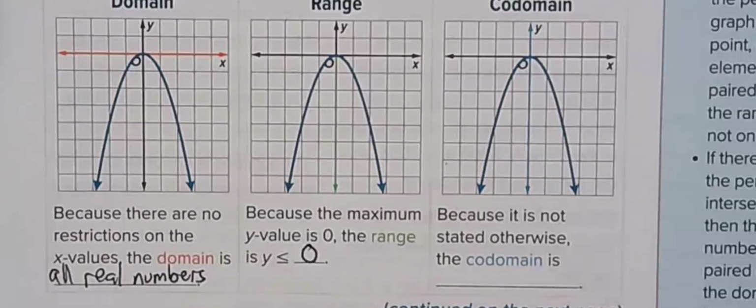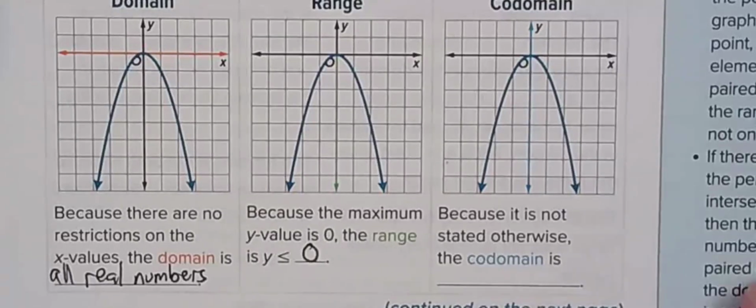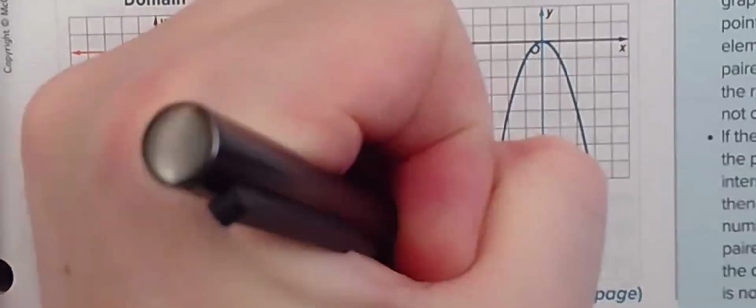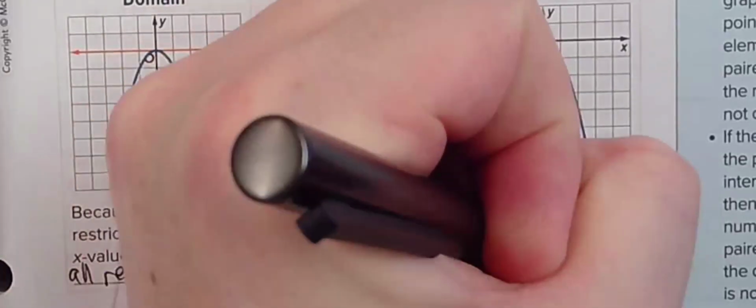So y is less than or equal to 0. Because it is not stated otherwise, the codomain is all real numbers. Yeah, unless otherwise stated, we assume the codomain is all real numbers. Nice.